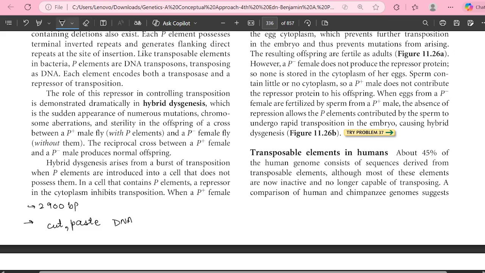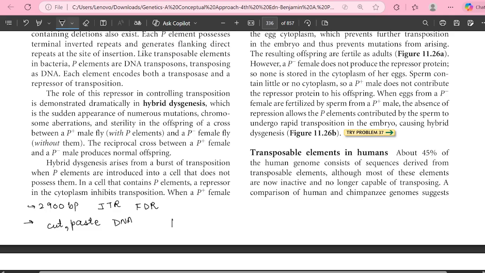Means they will cut from the original location and then they will move into the target DNA and they will be pasted there. They do have the inverted terminal repeats, that is ITRs, and they also generate short flanking direct repeats, which is a universal feature of every transposable element.